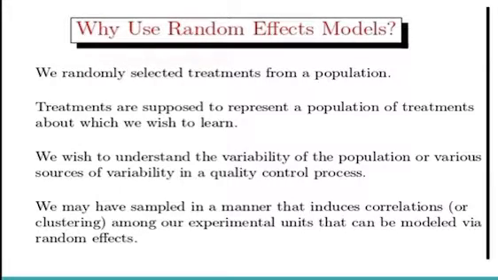Treatments are supposed to represent a population of interest about which we wish to learn. So we have a population, and of course, we wish to understand the variability of the population. Anytime you are randomly selecting your treatment, it means you need to understand the variability of the population as well, and we need to control for that.